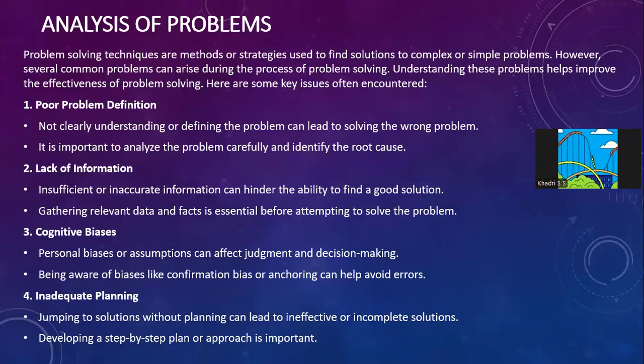Without knowing the biases, information, and problem definition, it is very difficult to identify the solution. Sometimes if you do solve the problem, it is an inefficient or incomplete solution. These are the ways of analyzing problems in terms of problem solving techniques.